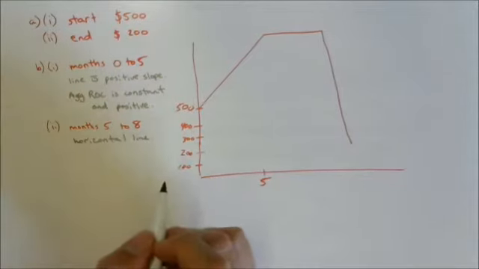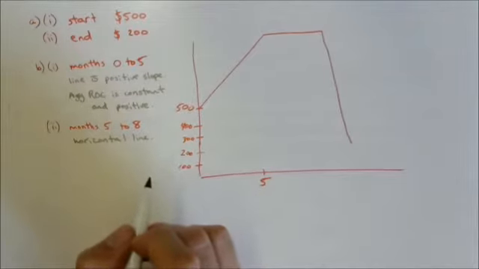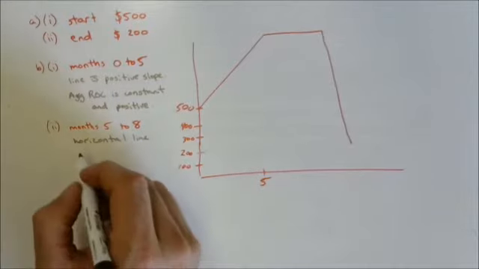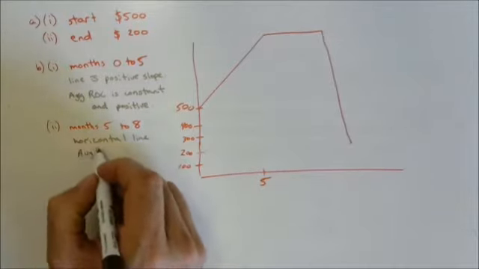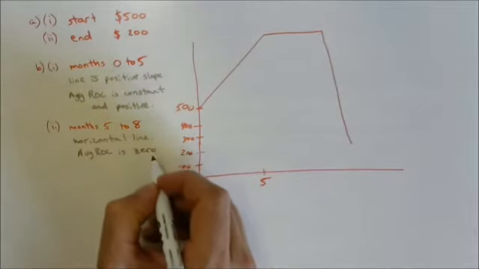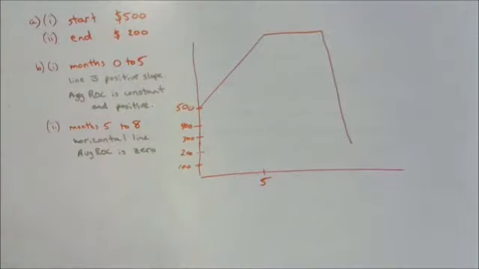It's a constant. So the amount is constant, which means the rate of change is 0. Average rate of change is 0. So the amount doesn't change, is how we would interpret that.